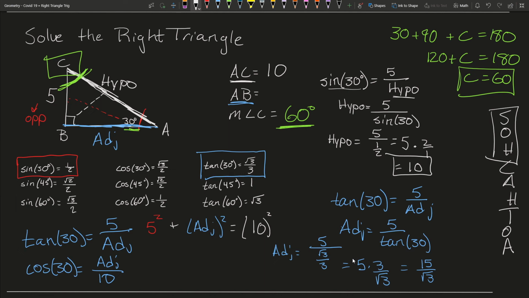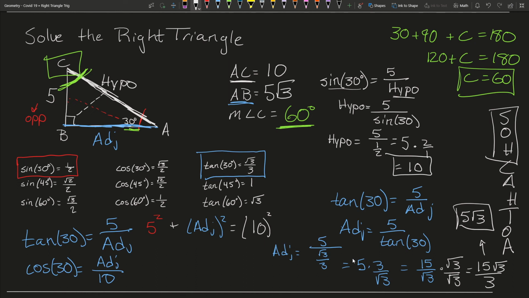Once we get there, we have to rationalize it. So then our answer is 5 rad 3.